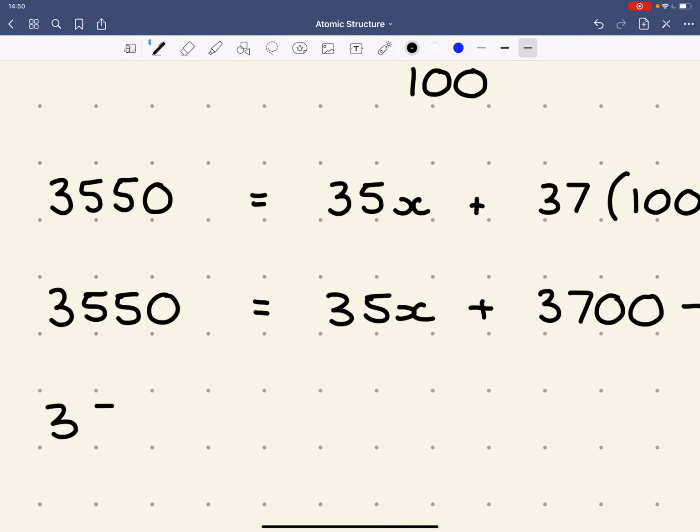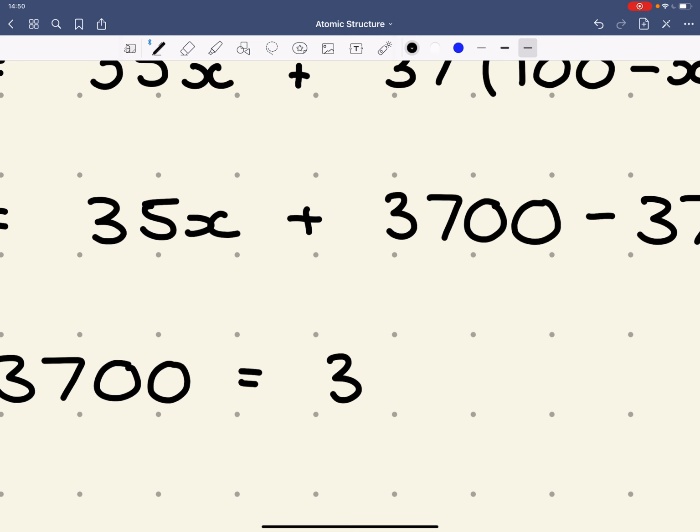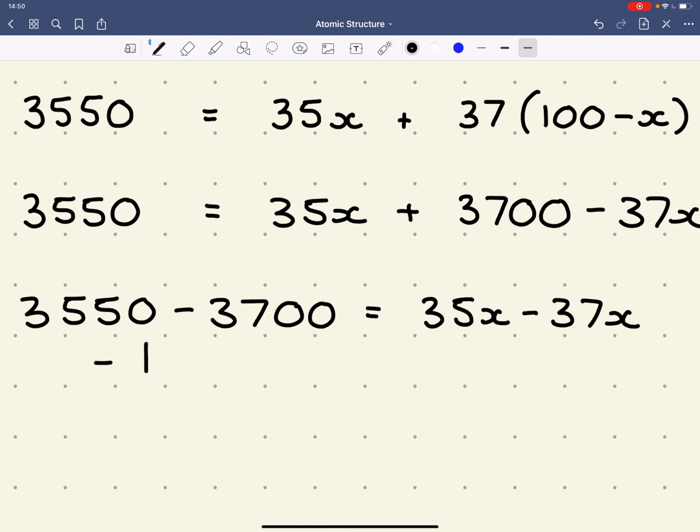So that becomes 3,550 minus 3,700 equals 35x minus 37x. And that then becomes minus 150 equals minus 2x, and therefore if we divide both sides by minus 2, then x equals 75.